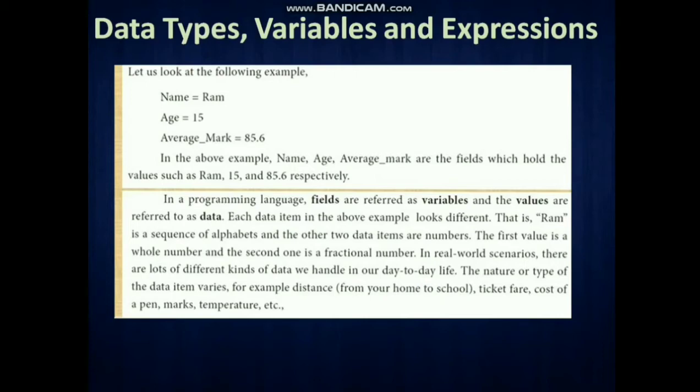We use different kinds of data in our day-to-day life, and we give names to those fields and values to the data. All this is the data types, variables, and expressions concept.